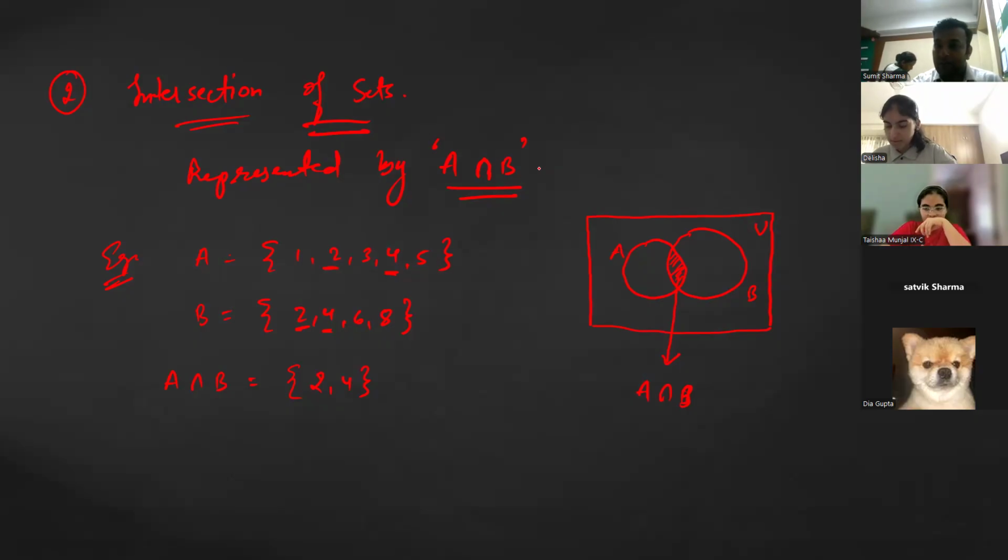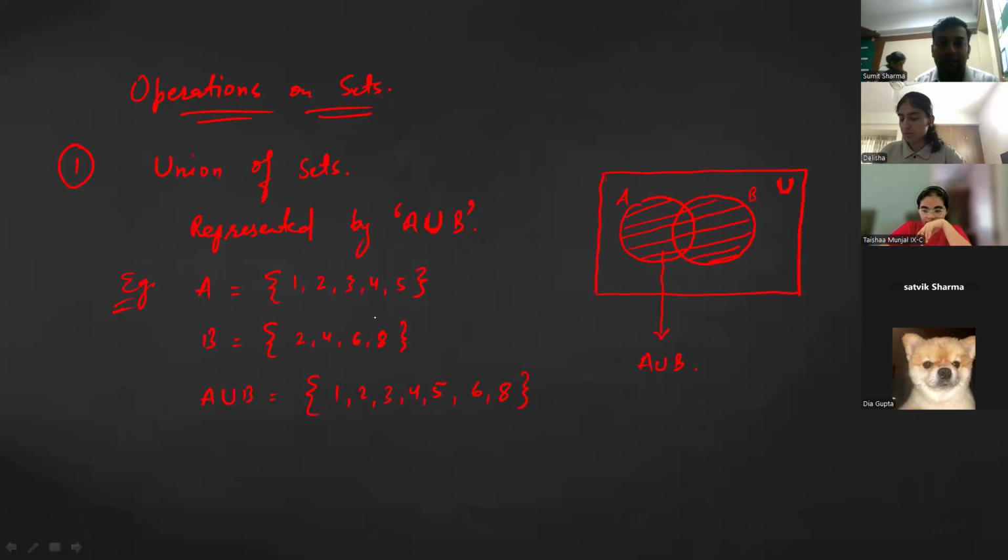And there is one more thing. Union is represented by or. Like we have done union here. So you can say A union B is also known as, or you can call it A or B. It is represented by or, right?